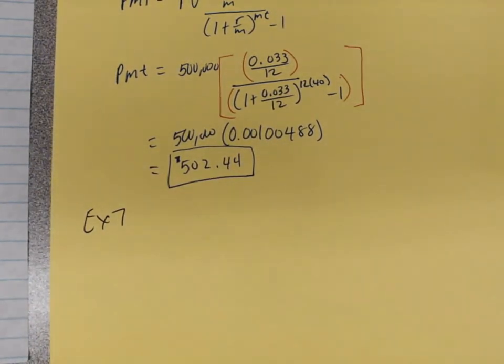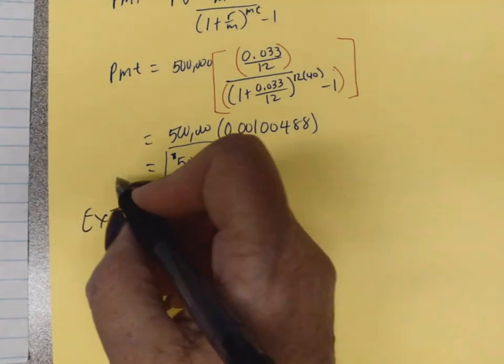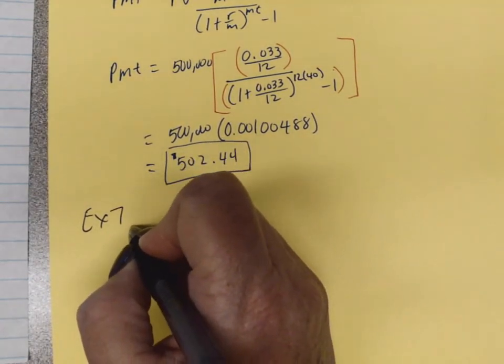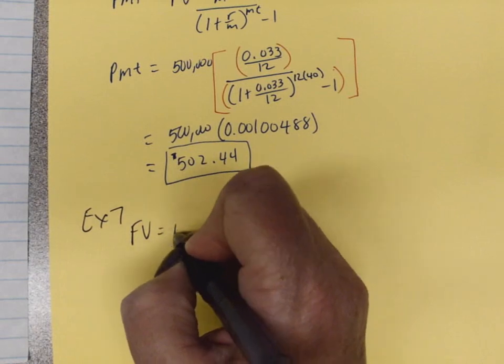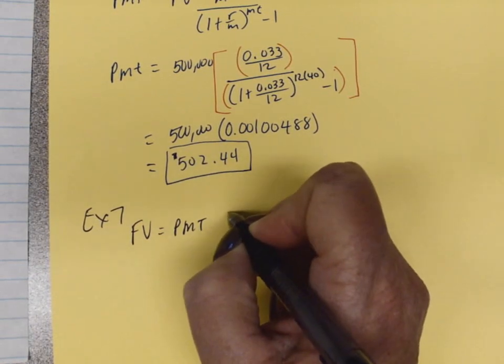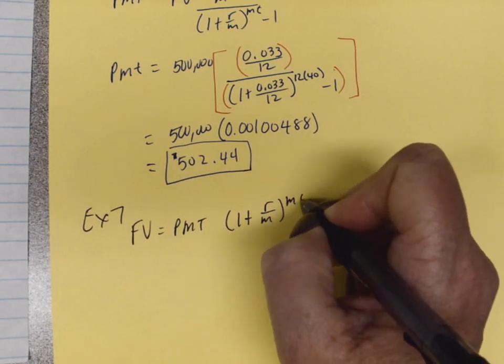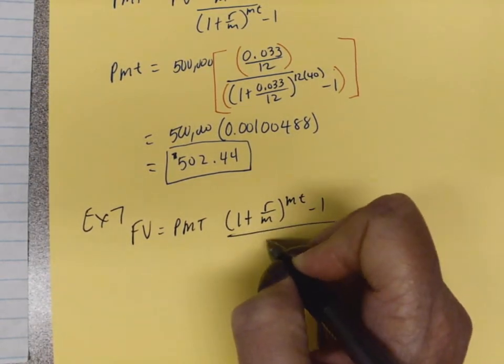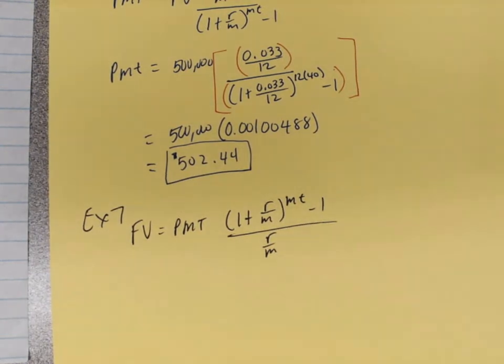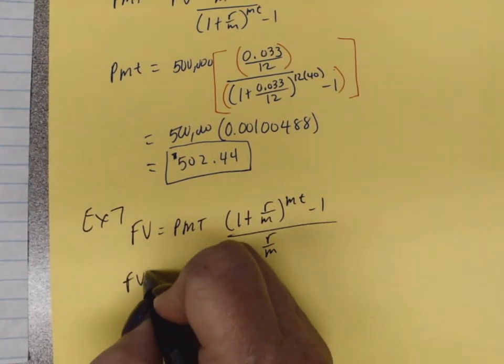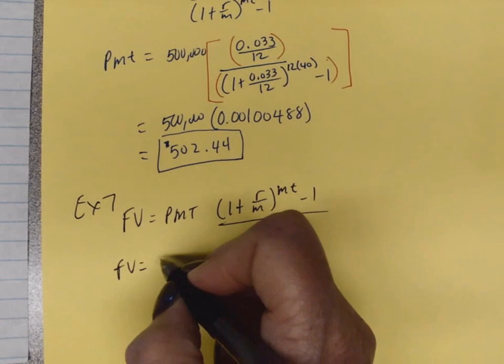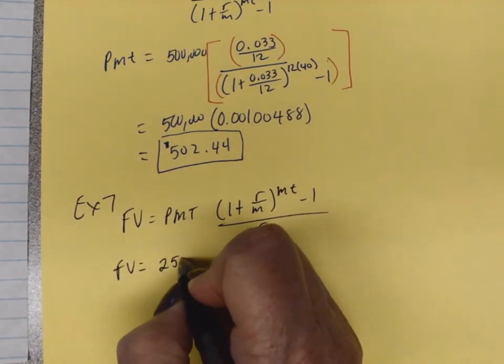So future value, we are compounding annually. So that means we're going to have an M. The M will be 1, but it's still compounded annually, so it changes which formula we're going to use. So we have future value equals our payment times 1 plus R over M raised to the MT minus 1, divided by R over M. So the future value, our payment that Bob made was $2,500.